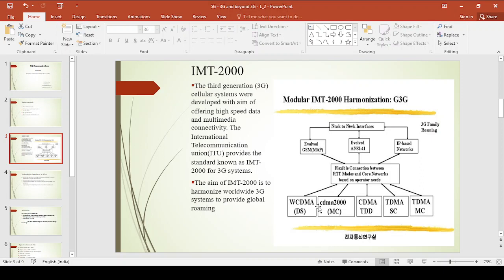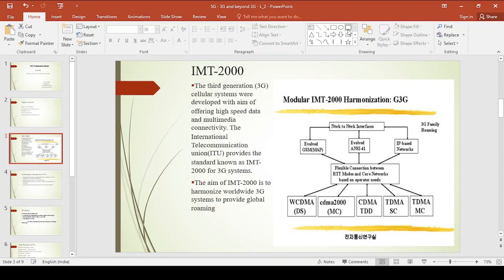In order to provide roaming across the world, right? Now this is how different proposals are received from the different countries. Now a standard is provided by the ITU. Now the main aim of that particular standard is to coordinate or to match the worldwide systems, and in order to provide the global roaming, right?